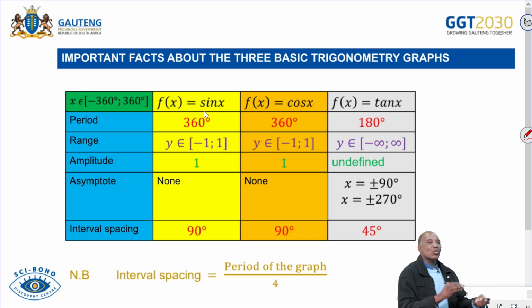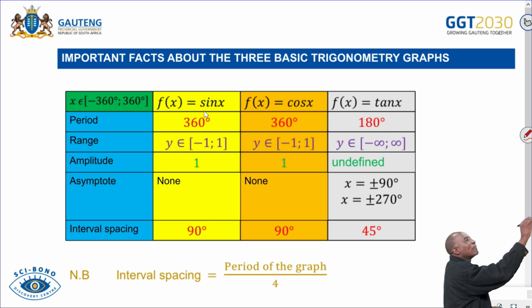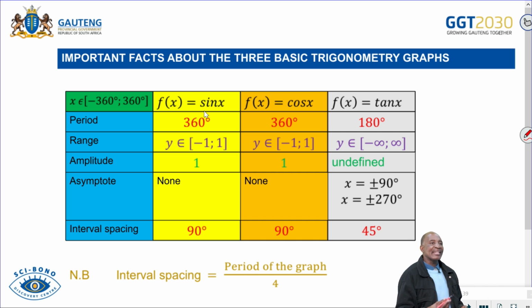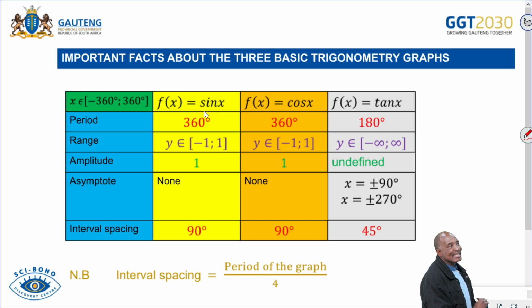We are saying if we were to look at all those three graphs, summarizing them in a tabular form, this is what we mean by the three basic trig graphs, standard ones, sine, cosine, and tangent. The period of both sine and cosine is 360, but for the tan is 180.